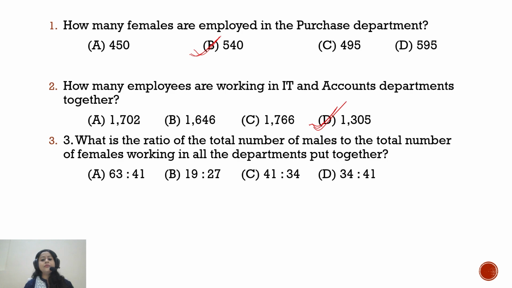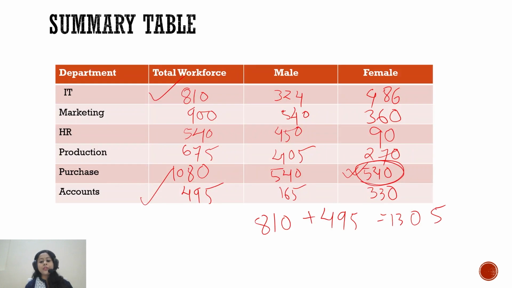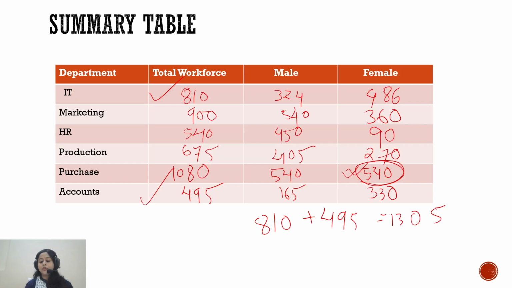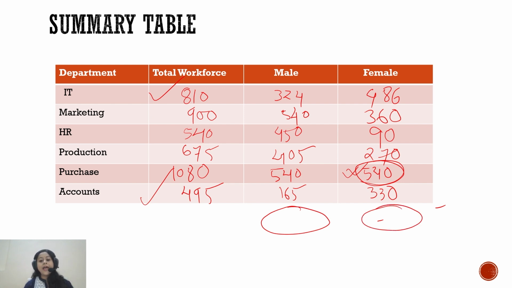For this, you have to find out the total number of males and the total number of females, and then find the ratio between these two.